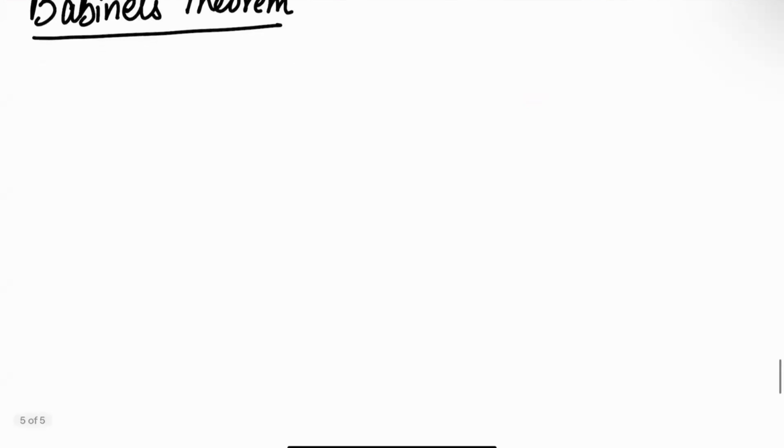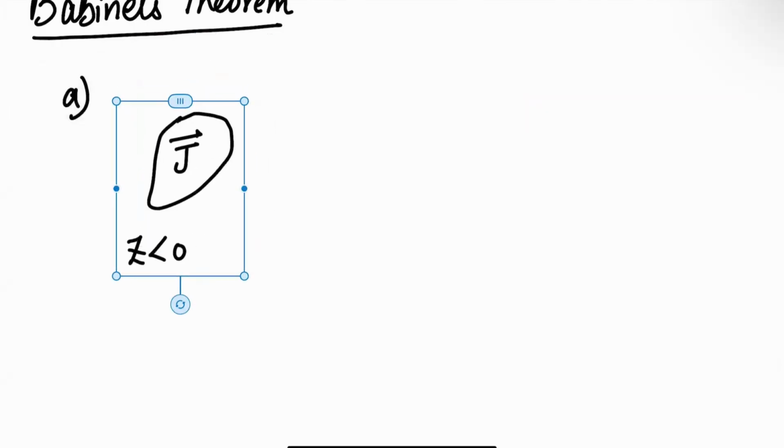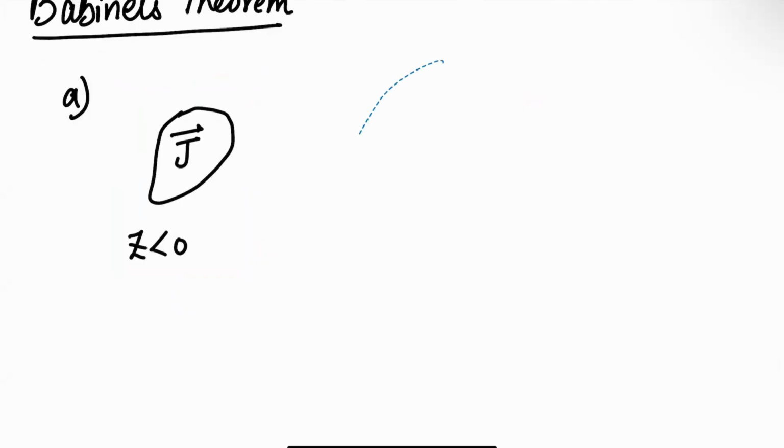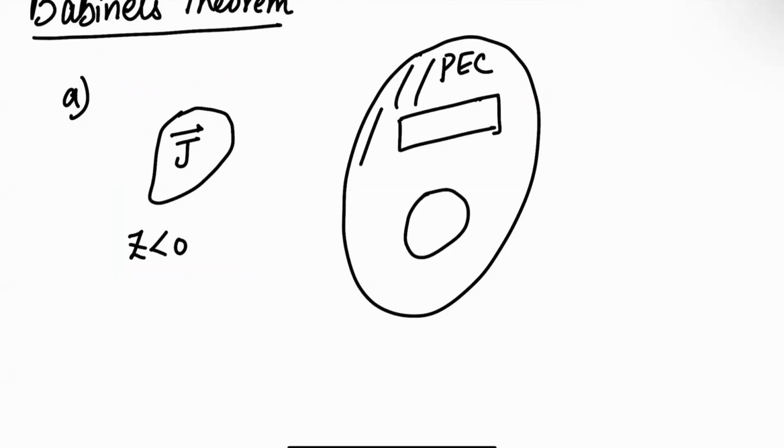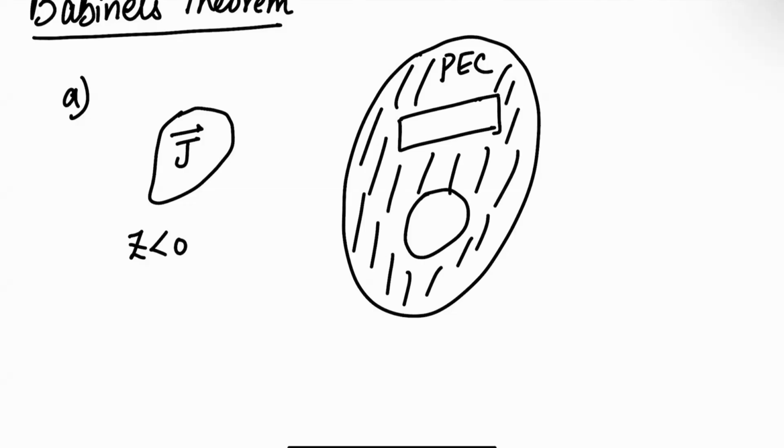So what does Babinet's theorem say? Again, we have two problems. So I have a current source and I have a similar PEC with some apertures inside it. Okay. And now on the right hand side, I have two fields, E1, which I will write as E1E. We'll see what that is, which is a combination of the incident field and the scattered field.